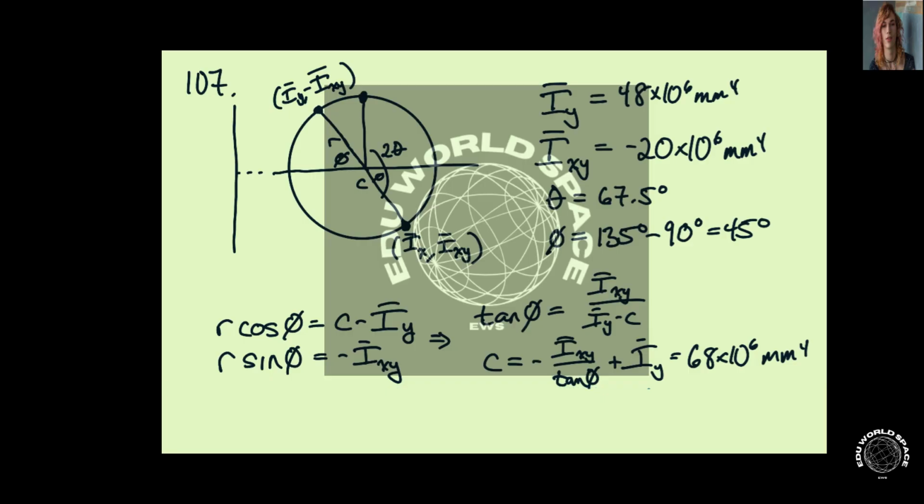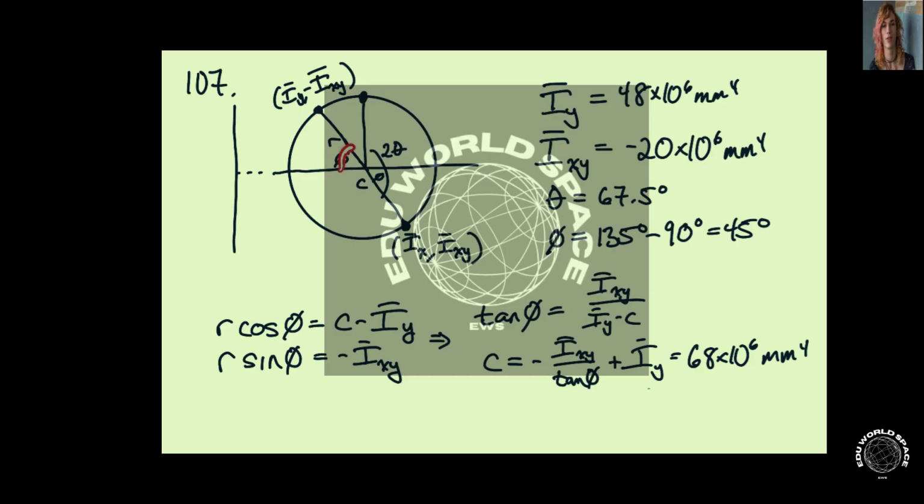We know that r times cosine of phi must be c minus I bar y. Okay, so we know I bar y, and we know that r sine of phi, right here.